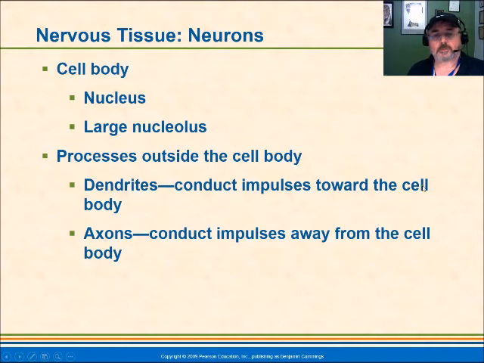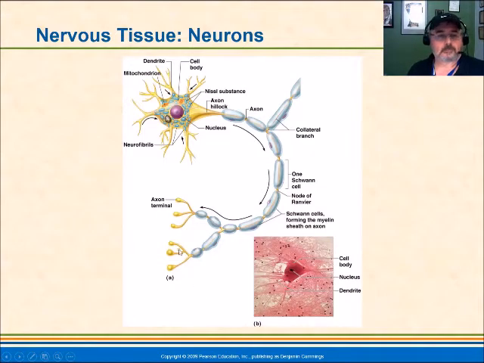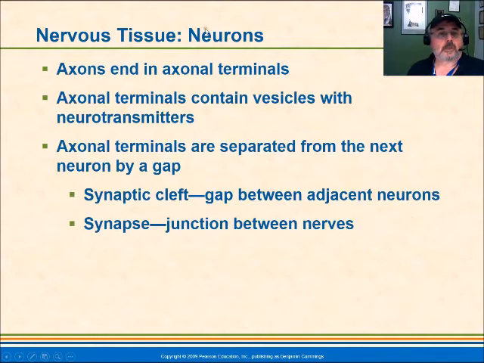Dendrites, which conduct impulses toward the cell, axons that conduct impulses away from the cells. So this is a one-way system. You do not receive a signal down an axon any more than you send a signal through a dendrite. Again, just the graphic to give you an idea of what we're looking at.